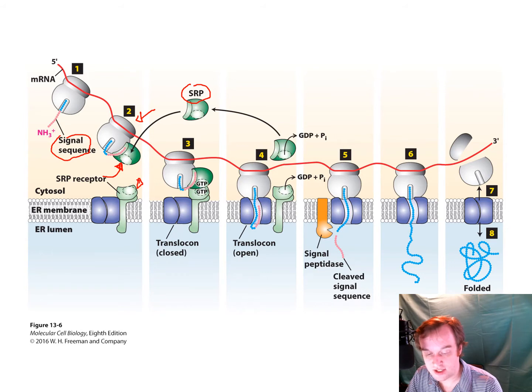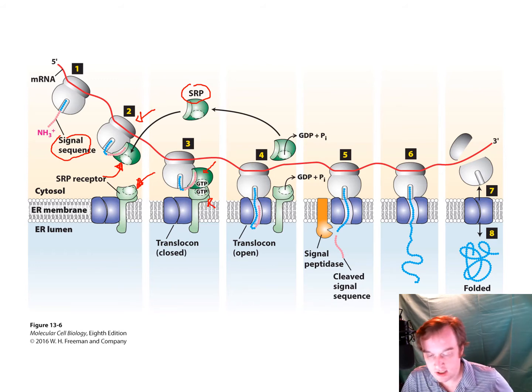So this whole folded up ribosome, SRP, polypeptide will bind to this protein that spans the ER membrane. And the interaction is strengthened by the binding of GTP to both the SRP, which is the darker green one here, and the binding protein down at the bottom here.